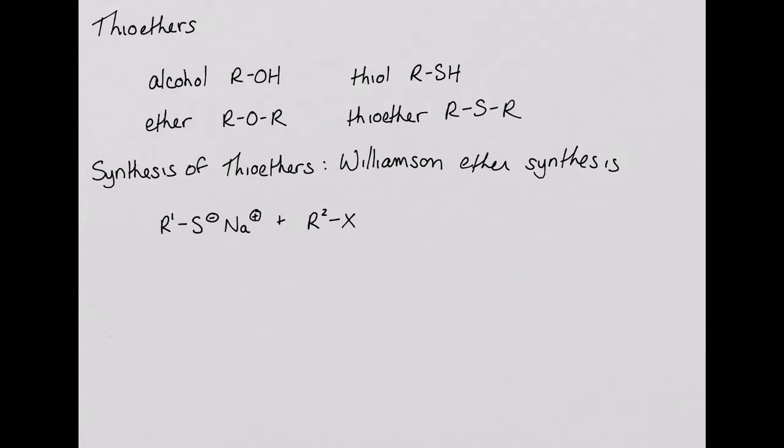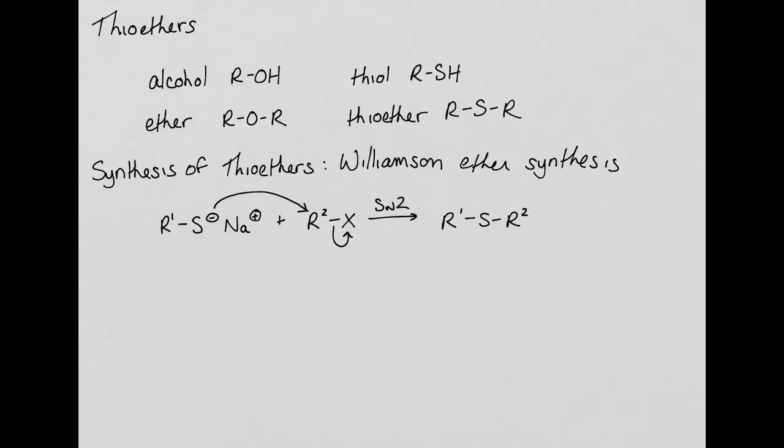For example, this thiolate can attack this electrophile, kicking off the leaving group in an SN2 reaction to produce the thioether product. Remember that to produce the alkoxide ion, we needed a strong base or sodium or potassium metal.